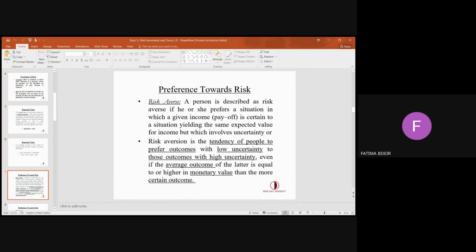It was written risk, uncertainty, and something else. I forgot. Is that the same for you guys, Gary and Kaya? Did it just change now? Yes, it changed now. Okay. All right.